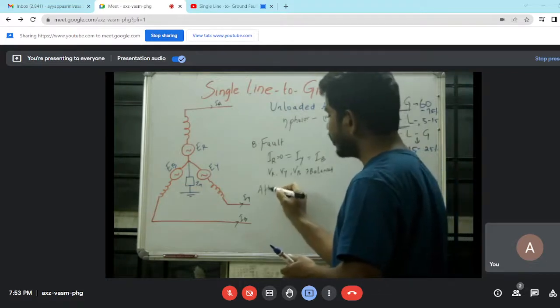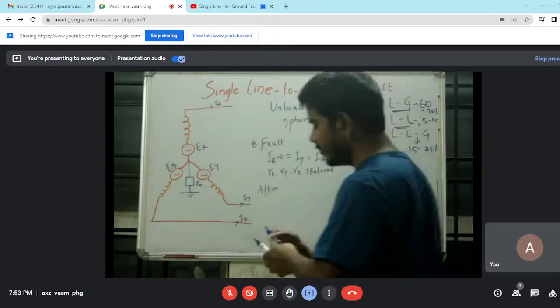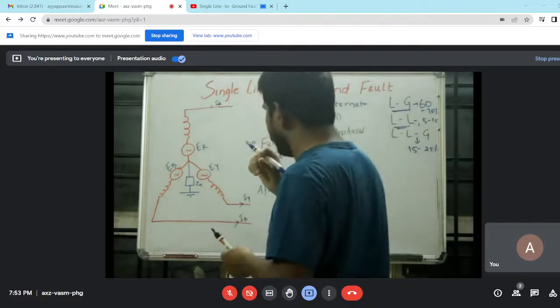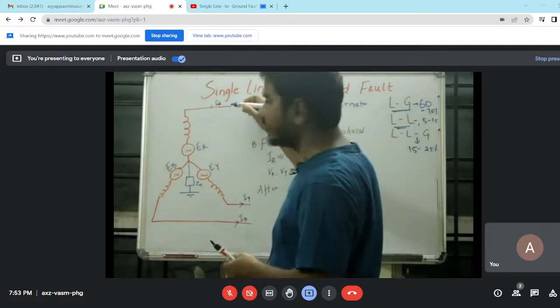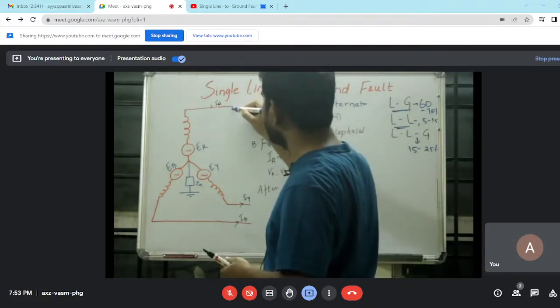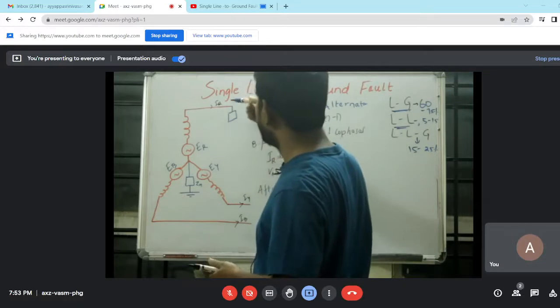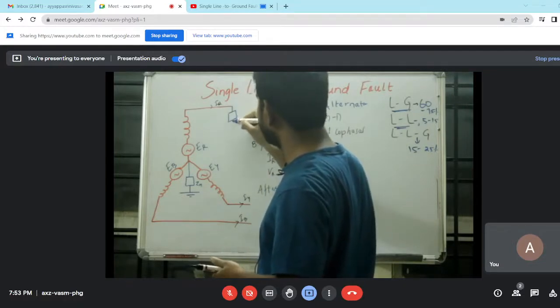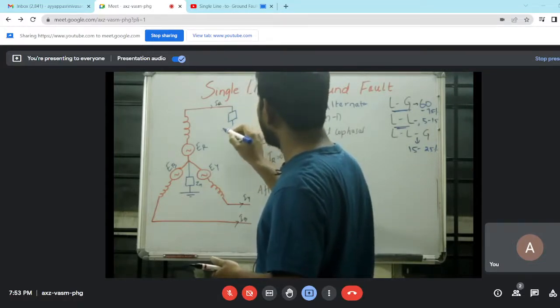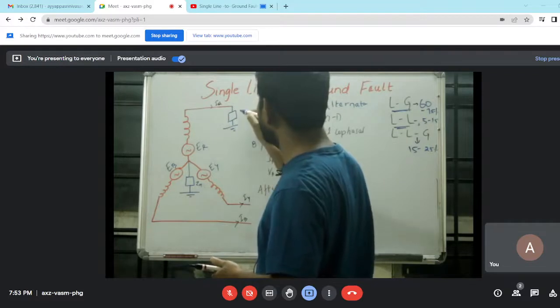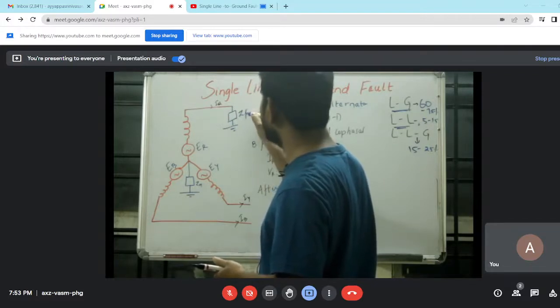Now after fault, let me consider the R phase. Let me consider this IR line current is shorted or grounded through a fault impedance ZF.